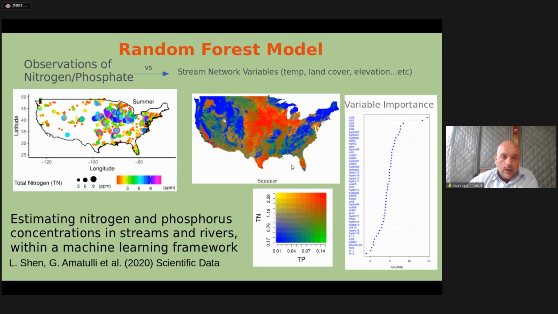And in this, we trained the random forest model, and we saw that, for example, immediately you can see that all this area in the United States has high levels of nitrogen phosphate due to the big amount of agriculture and grazing activity in that area.